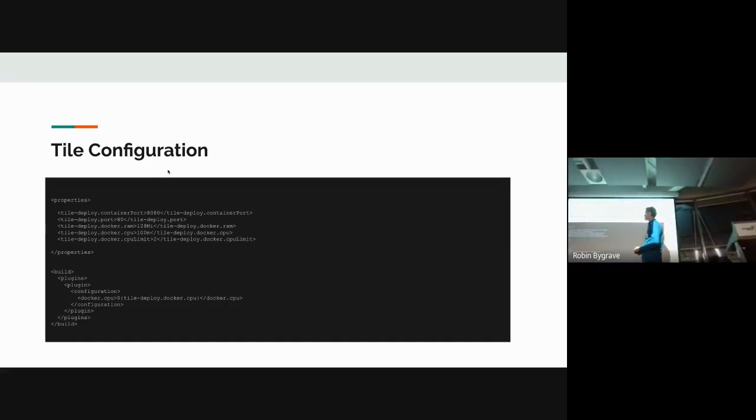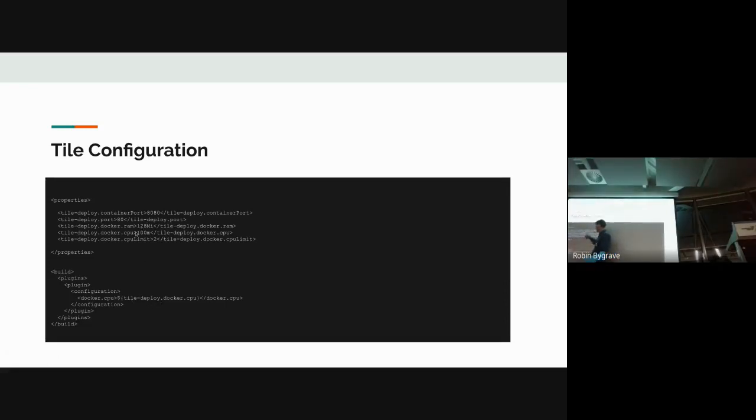So here's an example of configuring a tile. At the top of the tile, we just define a bunch of properties, just like a normal POM. And then in some plugin, I chopped out all the extra bits, so it's just the important pieces. You can see there in the configuration of this plugin, we're using that's obviously wrong. It should match this.